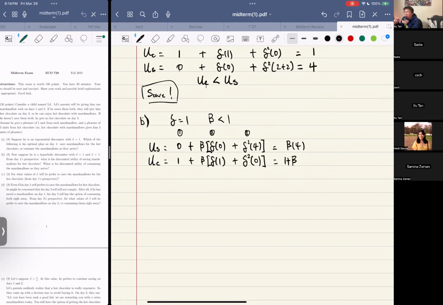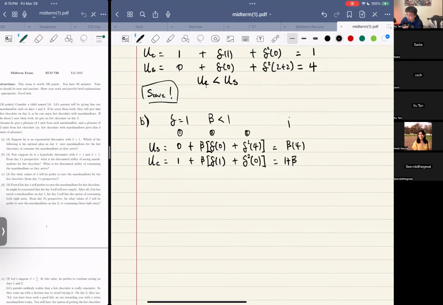Any questions? No? Wait, so the hyperbolic discounter still decides to save because 4 beta is supposedly greater than 1 plus beta? How do you know? It depends on the value of beta.